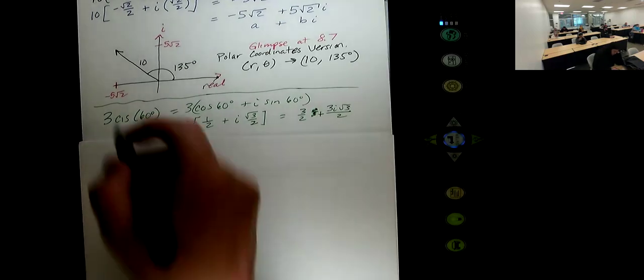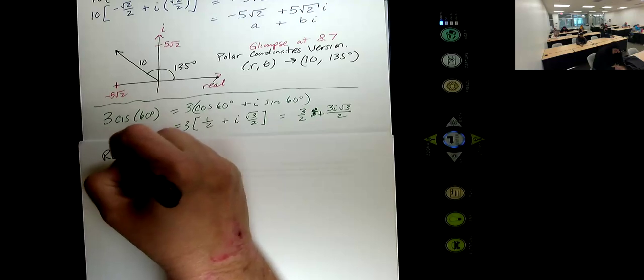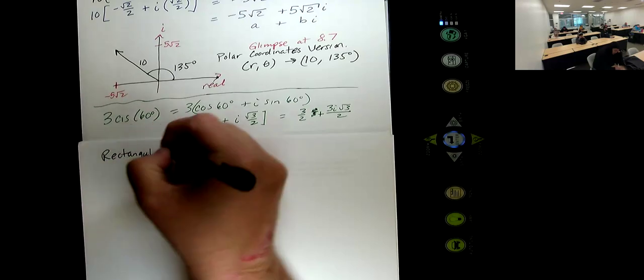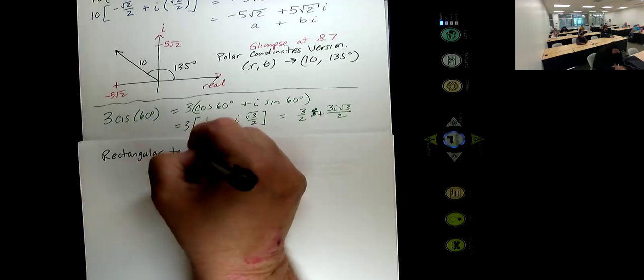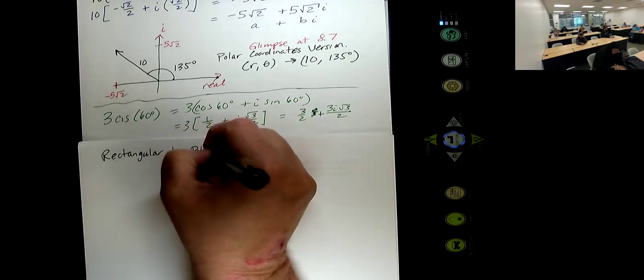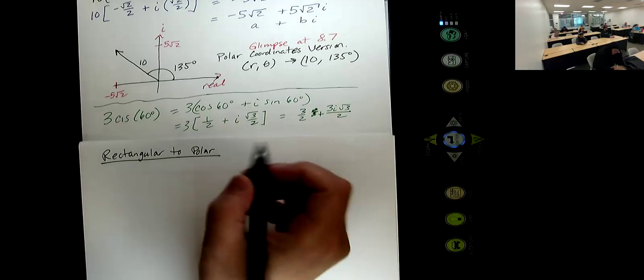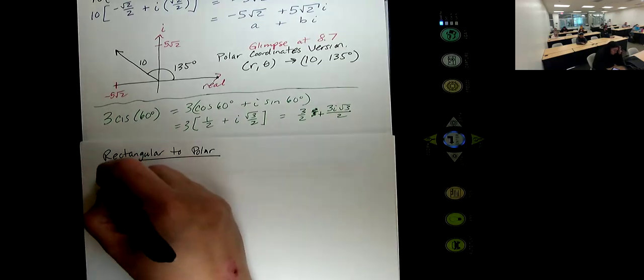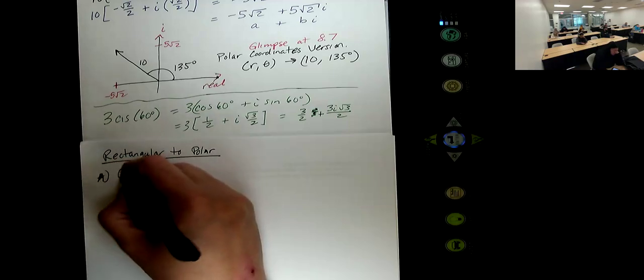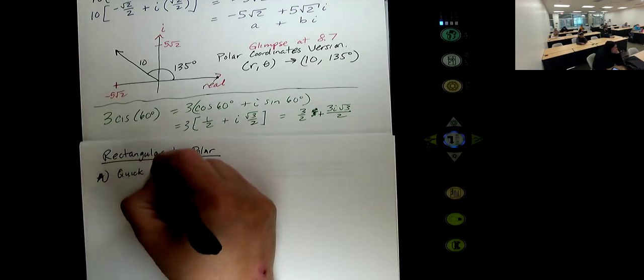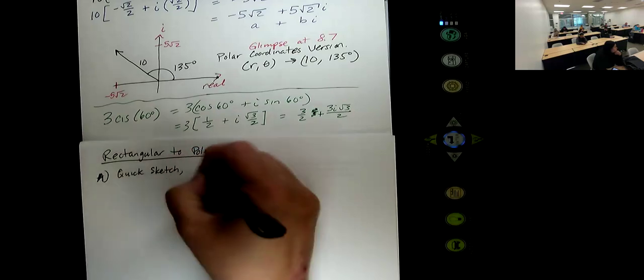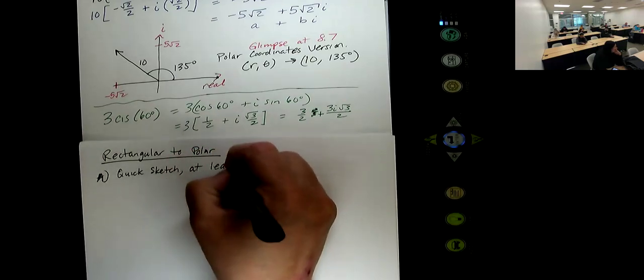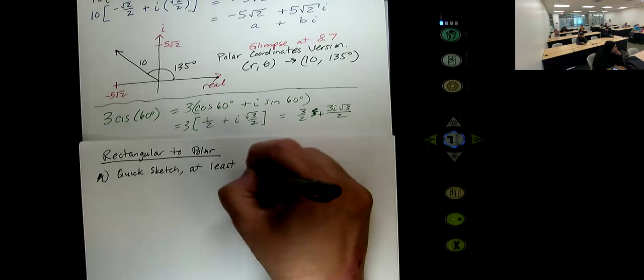So rectangular to polar. What you want to do is a quick sketch, at least enough to know what quadrant it ends up in.